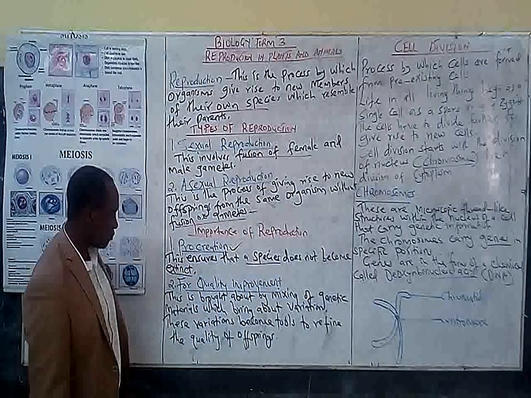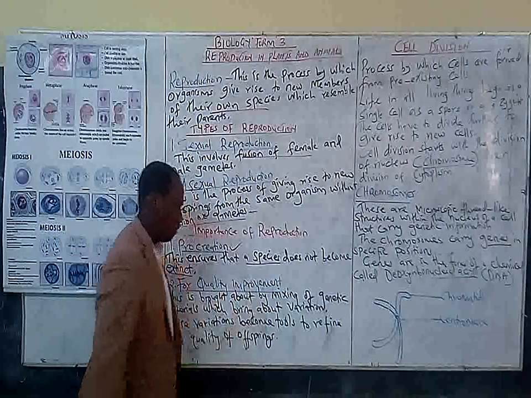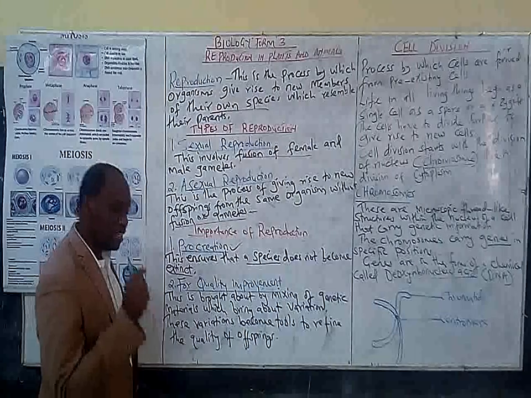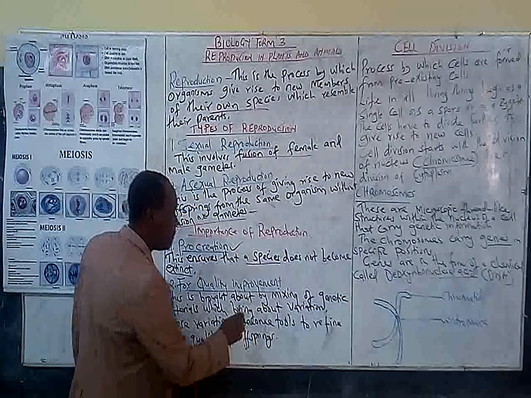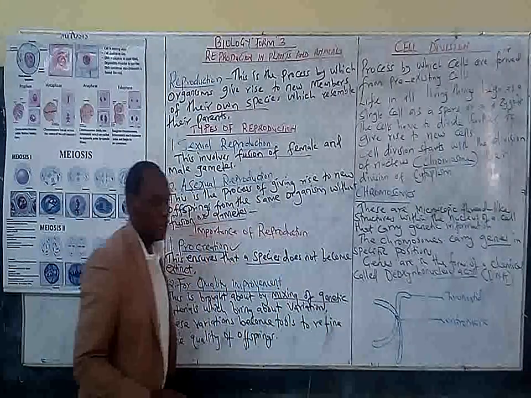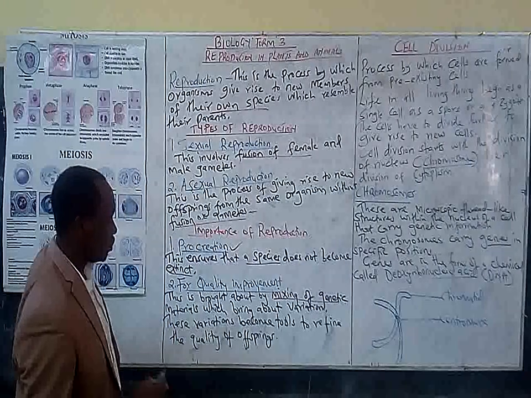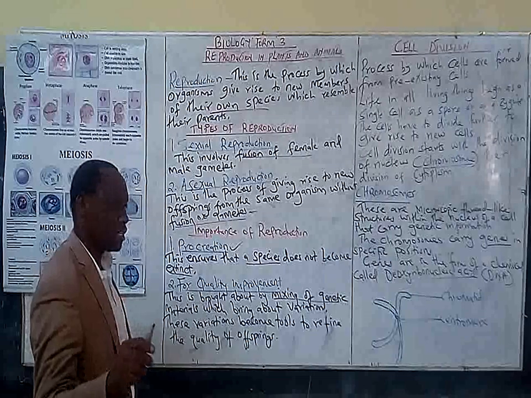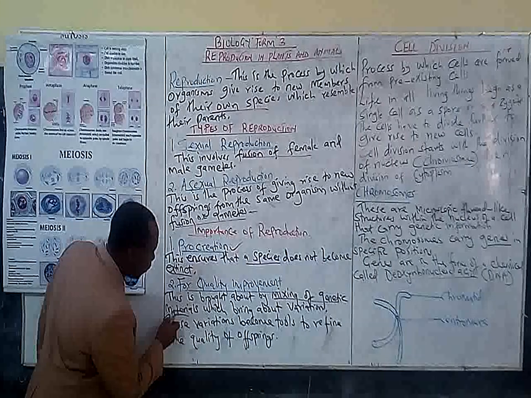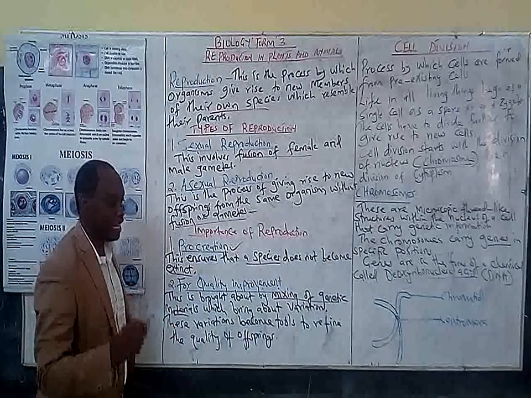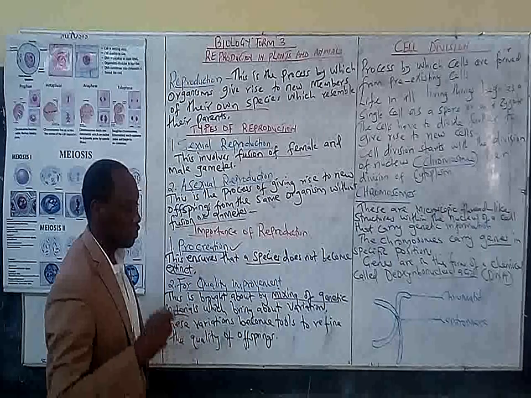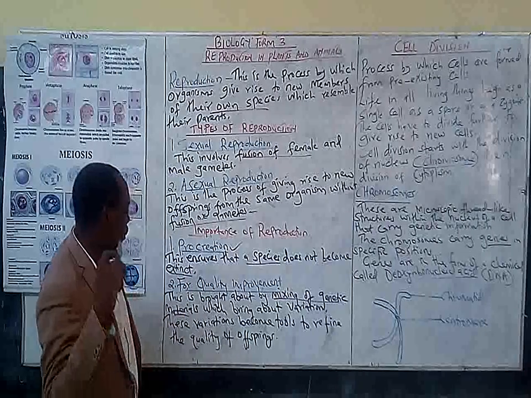Number two, for quality improvement. This is brought about by what? The mixing of genetic material. As we shall see in mitosis, whereby cell division takes place, we shall see that there is the mixing of genetic materials, especially in meiosis, where there is what is called crossing over of genes.